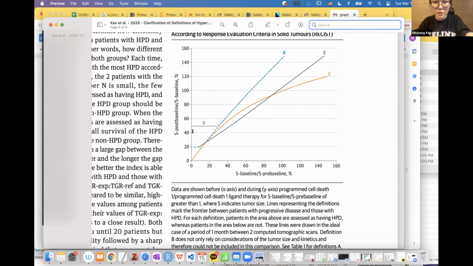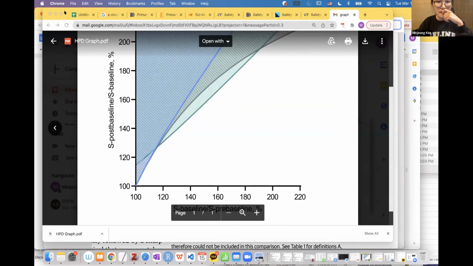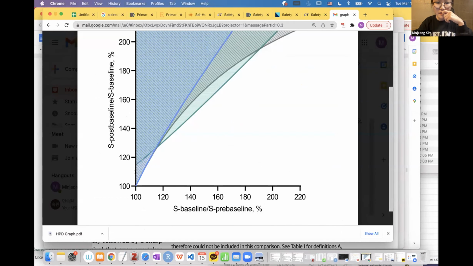And likewise for D, it should go down. It should be extrapolated to the 0 point. The reason that's important is that this area here provides an interesting discrepancy in the results that we see.